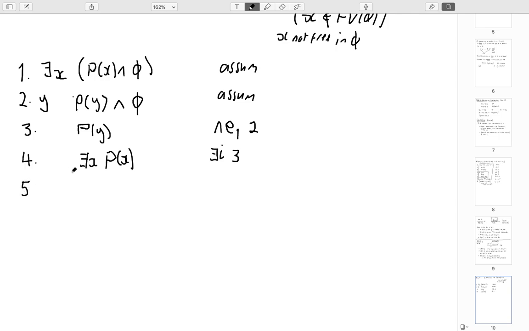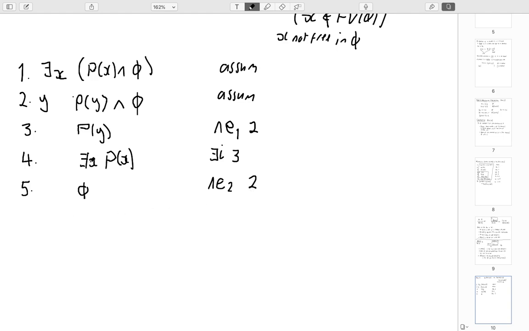And again, applying the and elimination on 2 on the other side, on the right hand side this time, phi holds. So this is and elimination 2 on line 2.